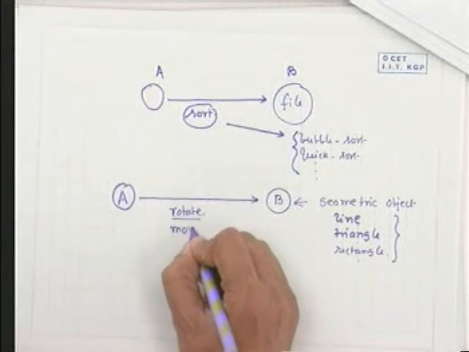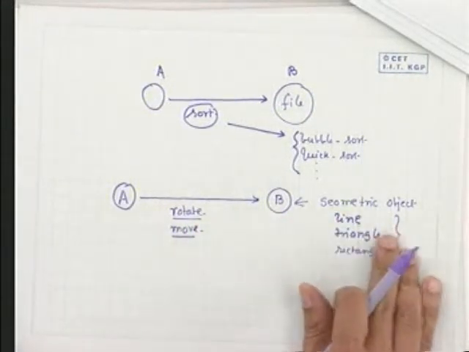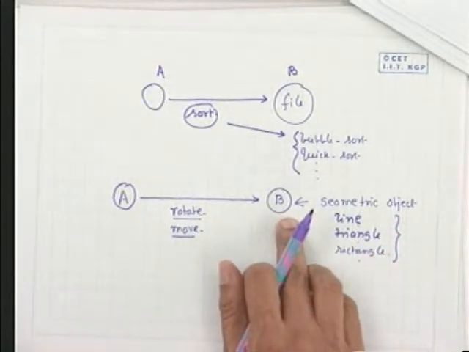Or the message may be move. With each of these classes, there will be the move message, which will move a line, move a triangle or rectangle. So depending upon the type of the class of the target object, the appropriate method will have to be executed.